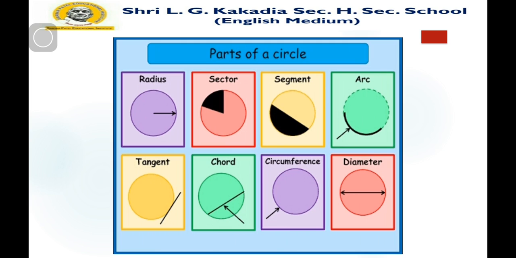Parts of a circle. We have already studied parts of circles in standard 9. We know that from any fixed point O, at any fixed distance, let me take it as R, the set of all the points, if you put points in such a way, then that collection of all these points is known as a circle.